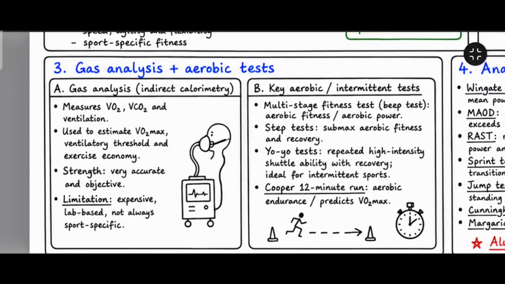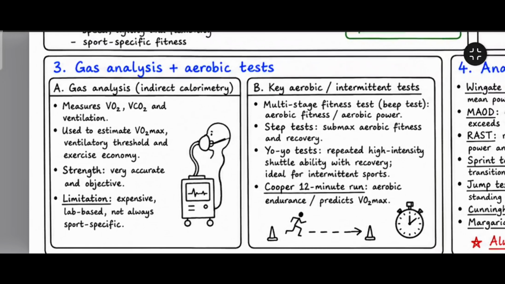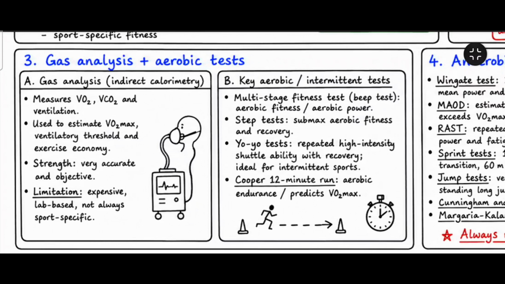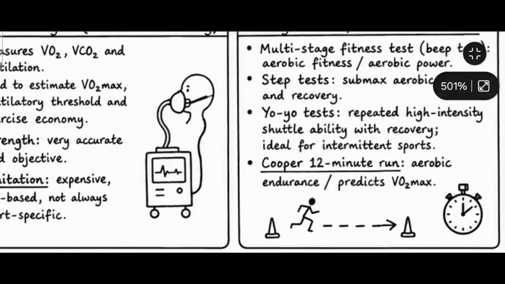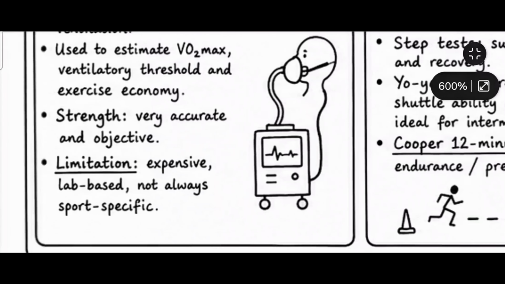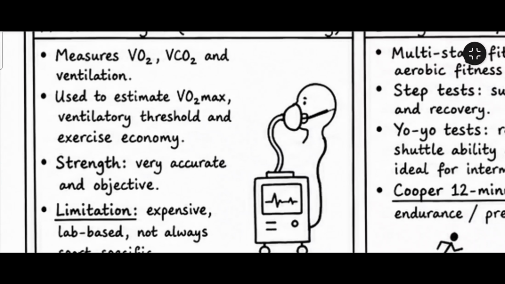Gas analysis. This is lab testing where the athlete wears a mask and then we measure oxygen consumption or VO2, carbon dioxide production or VCO2, and ventilation. It's used for estimating VO2 max, which is the maximal oxygen uptake.